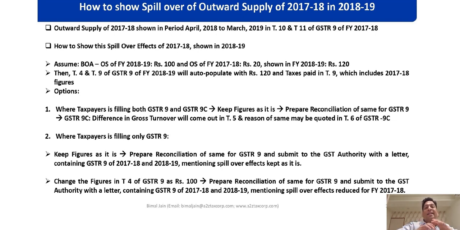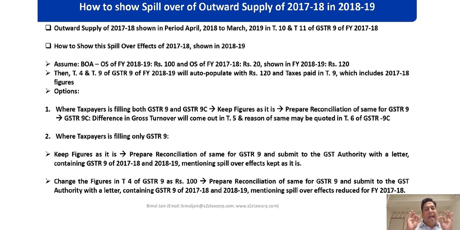Question before us: this is pertaining to 17-18, what to be done? Where to be shown this spillover effect? My answer to all of you, if you are a taxpayer who is filing GSTR-9 and 9C both for 18-19, and that is possible only when your aggregate turnover is more than 5 crore for financial year 2018-19, then my suggestion to you would be, you should not correct.